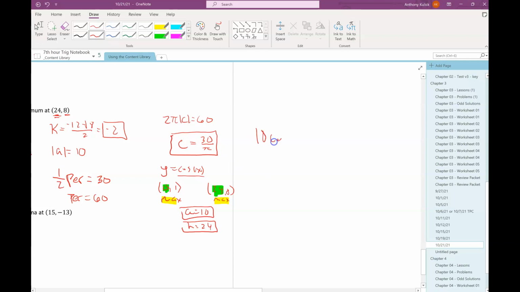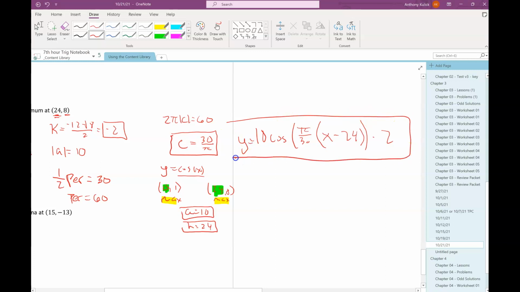So I have 10 cosine of 1 over c, so I'm going to write that as pi over 30, times x minus h, plus k. Does that feel okay? All right.